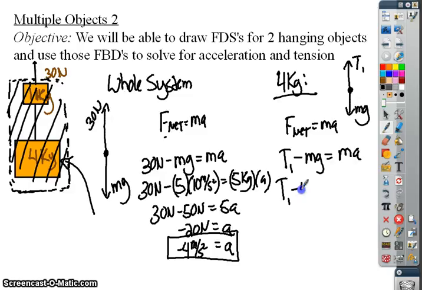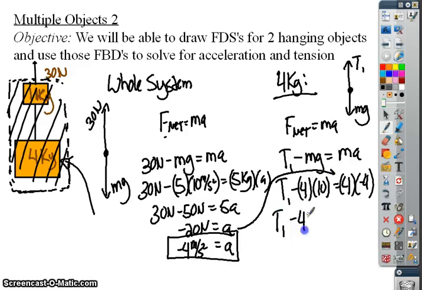T1 minus 4 times 10 equals 4 times negative 4, which I get from right there. So T1 minus 40 newtons equals negative 16 newtons. T1 equals a positive 24 newtons.